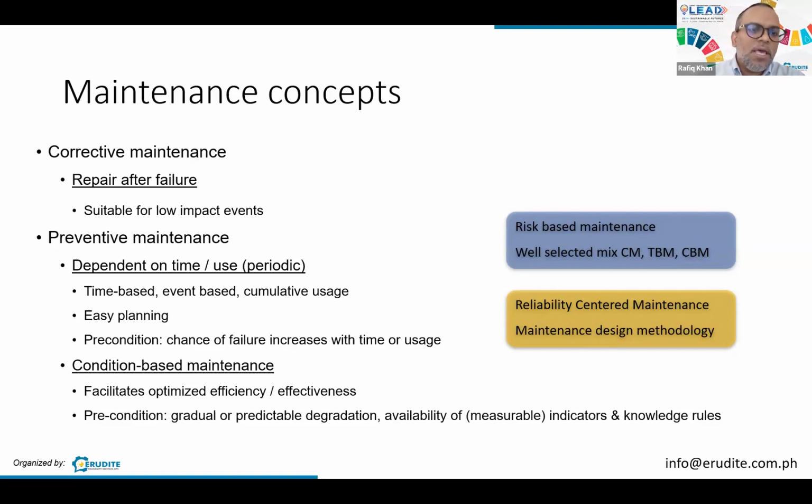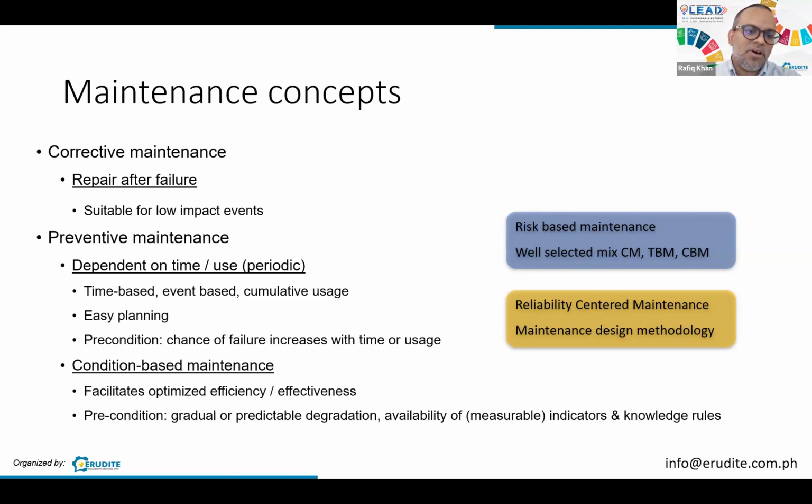Just for you to know, preventive maintenance is also something of yesteryear, which I consider yesteryear. It's time dependent. For example, your car has maintenance based on time, every 6 months or 10,000 kilometers, for example.